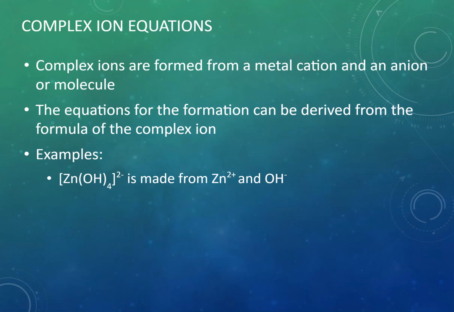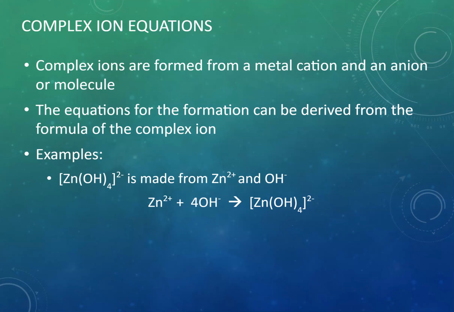Now, you do have to know your ions. I've said this before and I will say it again. You must learn your ion table if you don't already know it. Okay, all those things that are on the level 1 ion table you must know by heart. But if we've got zinc hydroxide, then we've got zinc 2+ ions and hydroxide ions. There must be 4 of them because there's 4 in that formula.